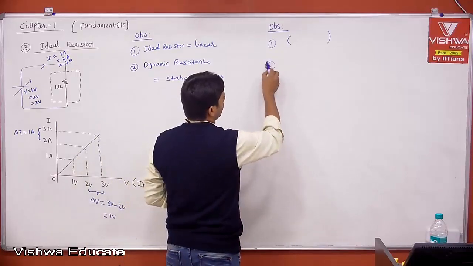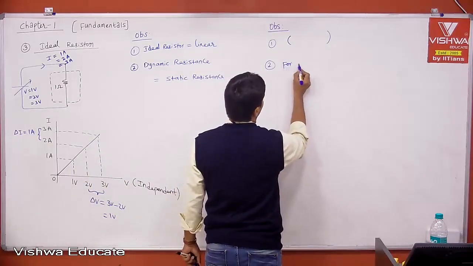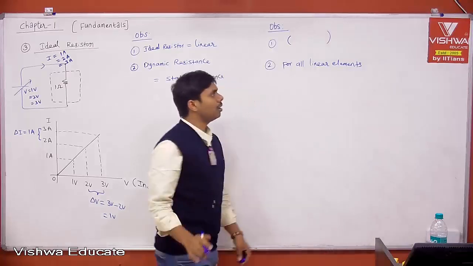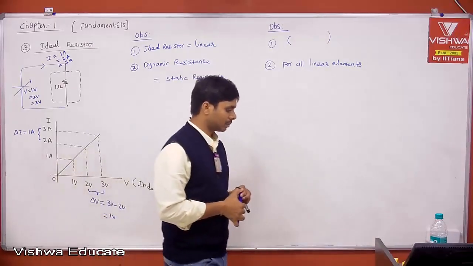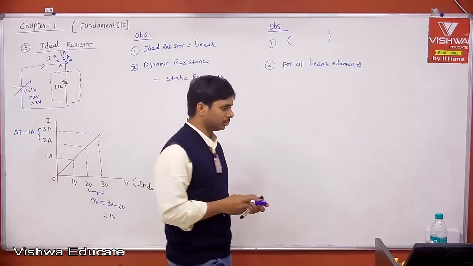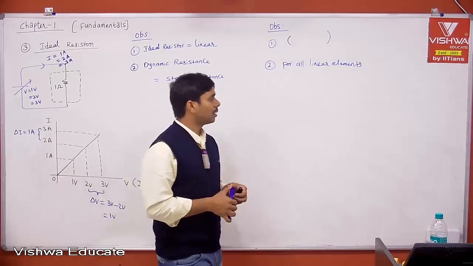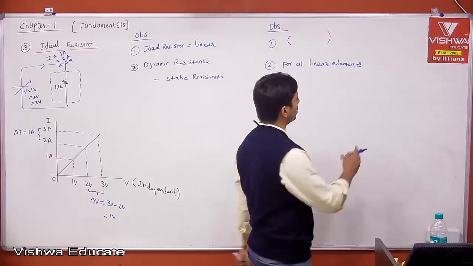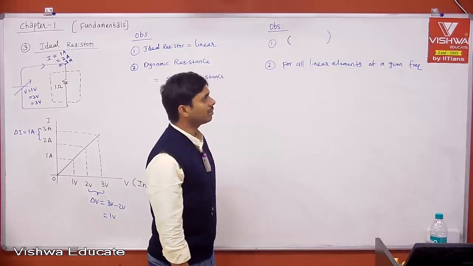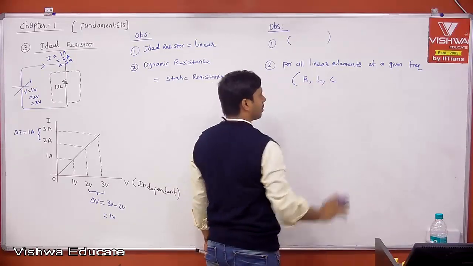Write down the second observation. For all linear elements, at a given frequency, write down in bracket: ideal resistor, inductor, capacitor, but at a given frequency.